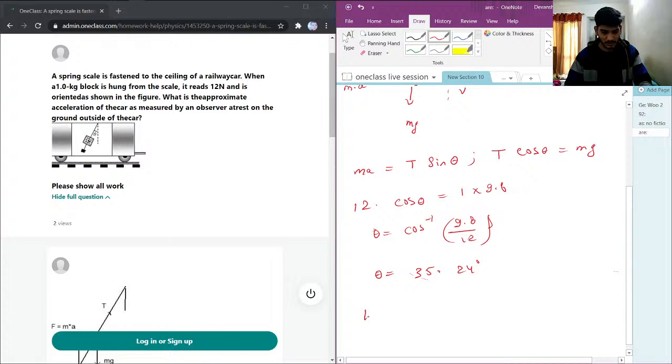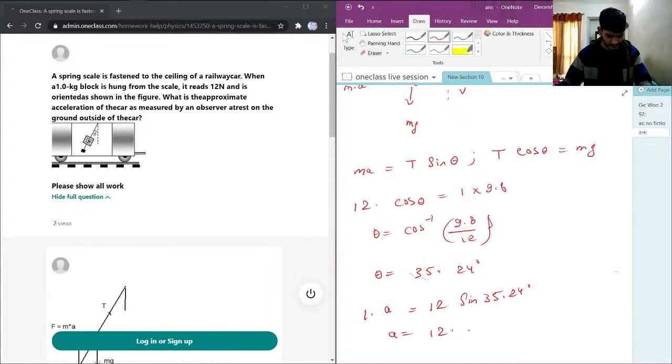Now I'll put this value of theta in this equation. My mass is 1, and a is equal to 12 times sine of 35.24 degrees, which is 0.577.